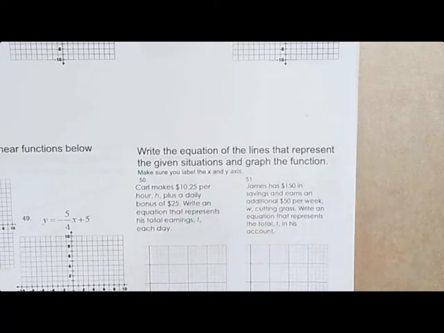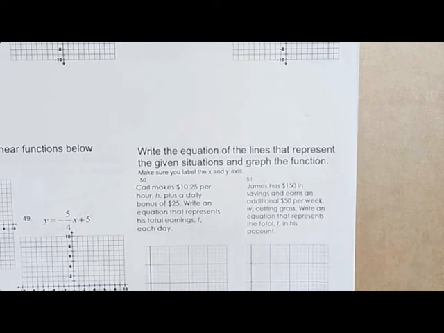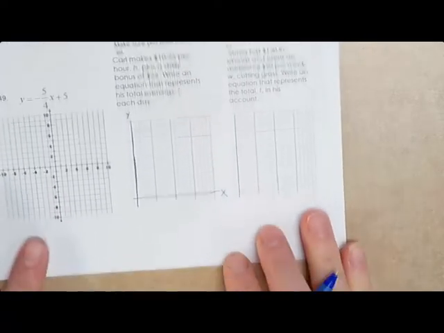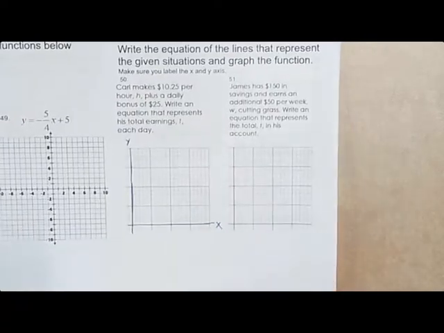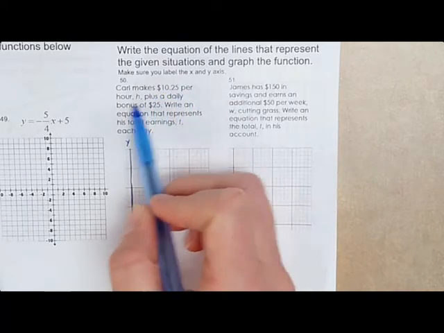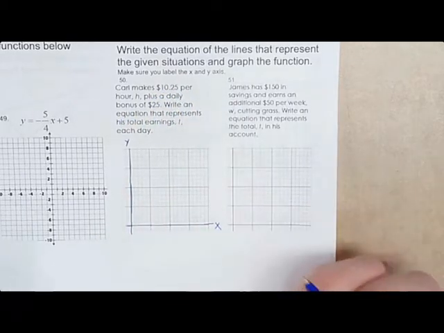Okay, on here, this was supposed to be darker. Well, it kind of looks darker, but it's kind of hard to follow too. So this is x, y. And it says Carl makes $10.25 per hour plus a daily bonus of 25.